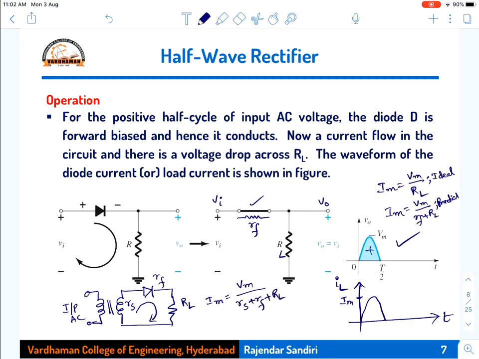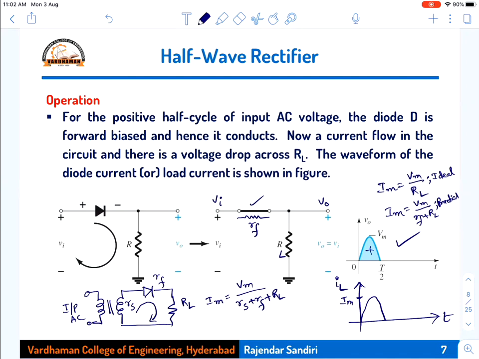That means if you consider the secondary winding internal resistance also, then all three will be in series. If you ignore the secondary winding internal resistance Rs, and ignore Rf also, then it will be simply Vm by RL. Im is equal to Vm by RL if Rs and Rf are neglected.